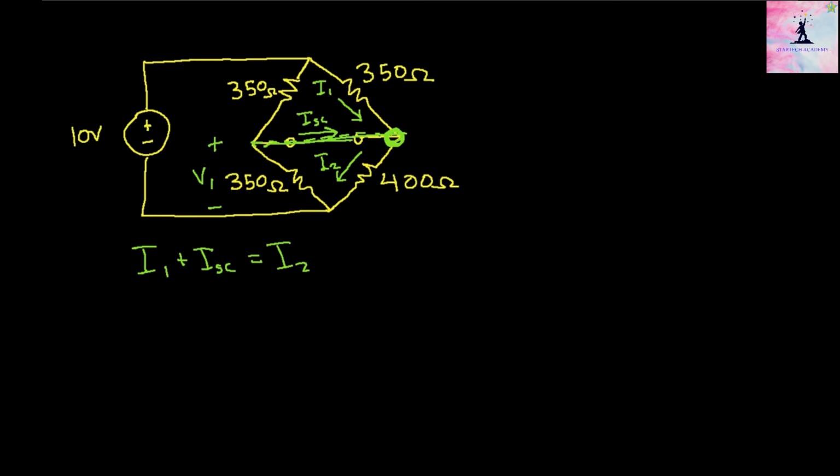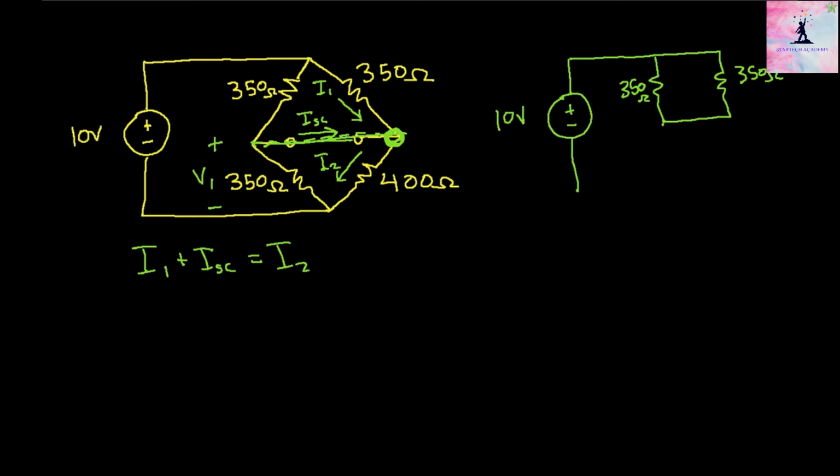So I can redraw this circuit to make clear what I want to do. I have 10 volts, and then a 350 ohm resistor, another 350 ohm resistor, these guys are connected.